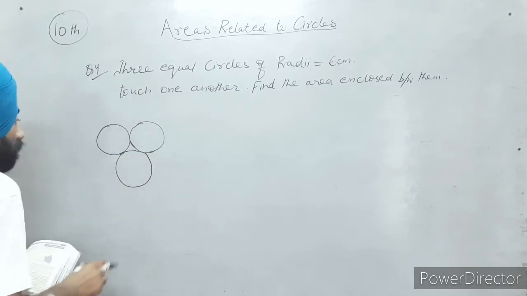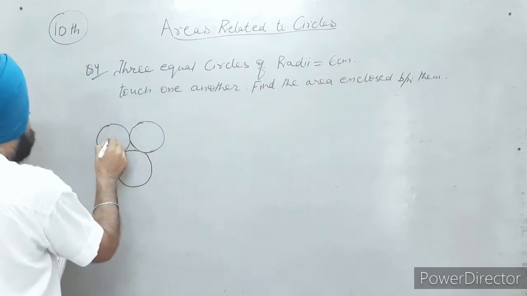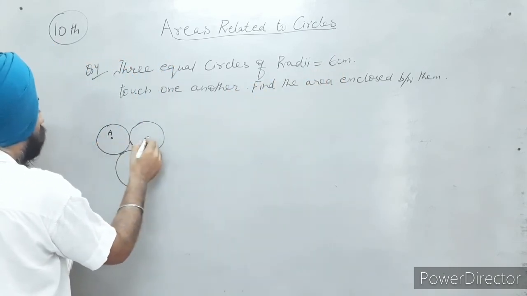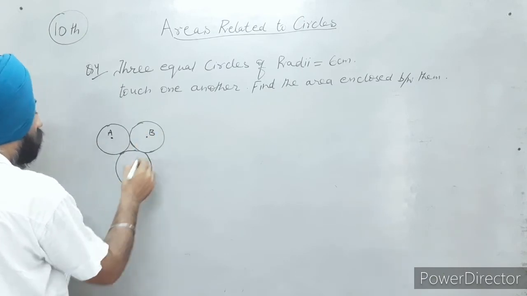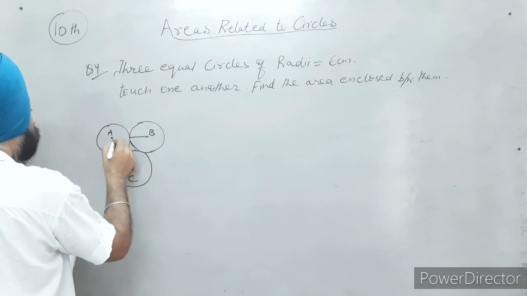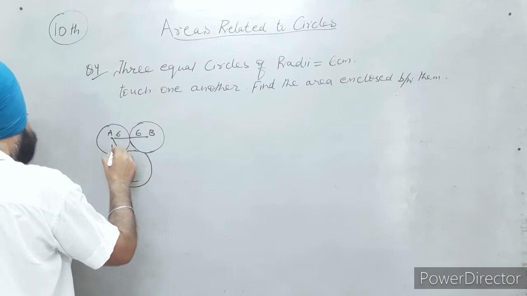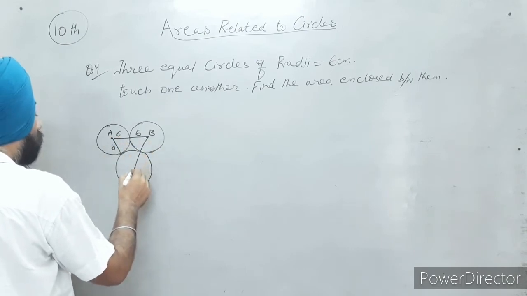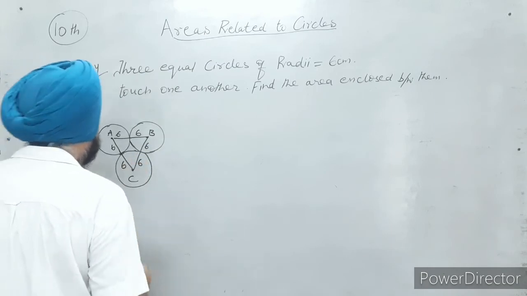Yes. There are 3 circles, each of radii 6 centimeter. Let this be A, let this be B, the center, this is C. Now this is 6, this is 6, this is 6. Let me join this is 6, this is 6, this is 6, right?